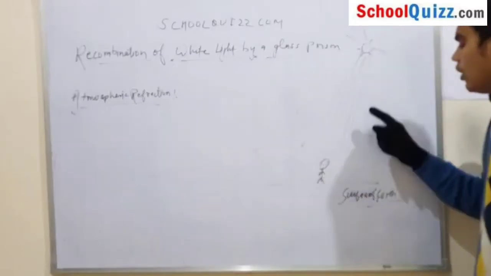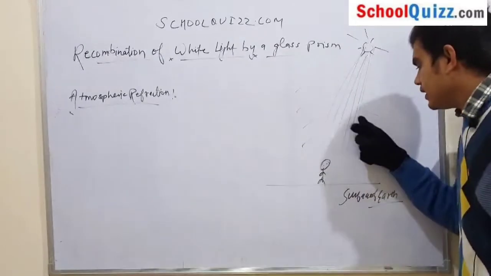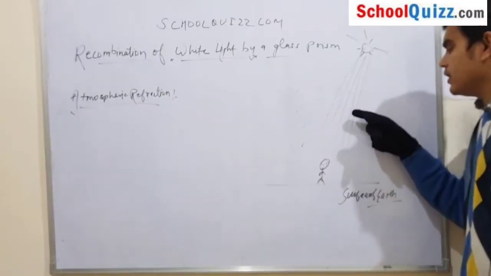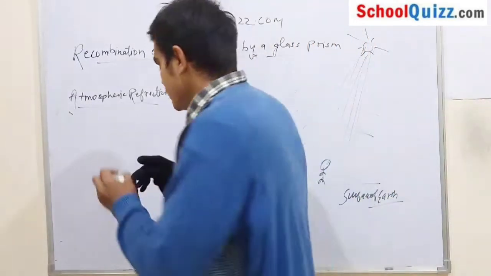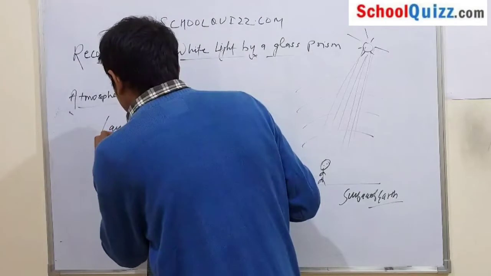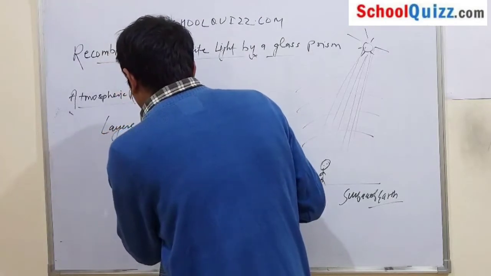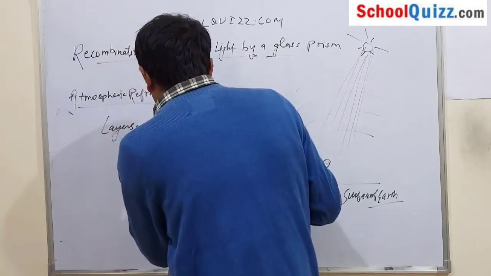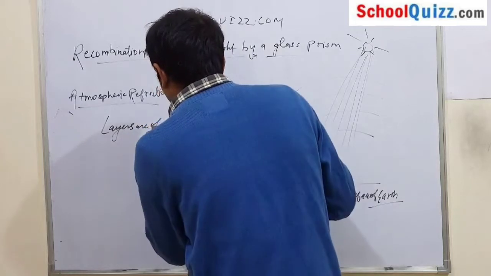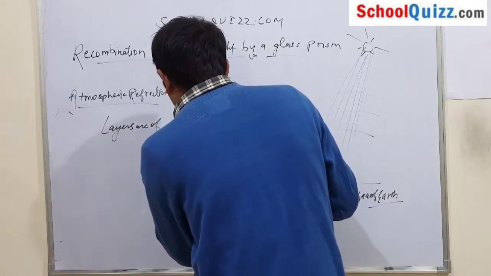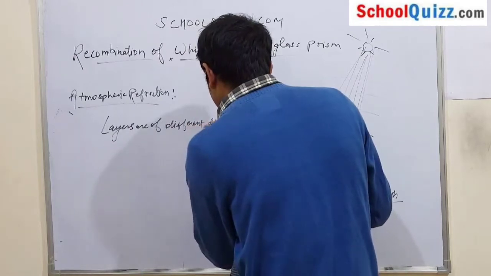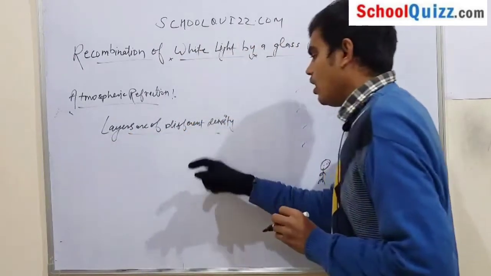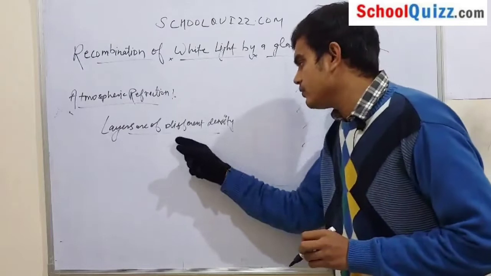Okay, now we know that these layers, that is stratosphere, ionosphere, and all these layers, are not of uniform density. These layers are of different density. What is different density?